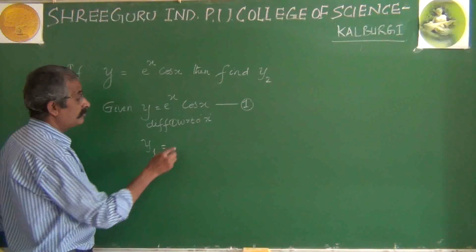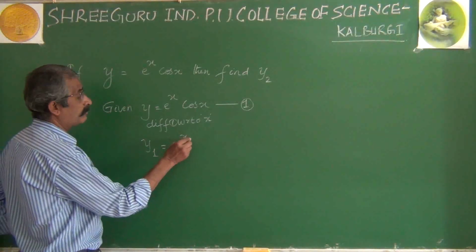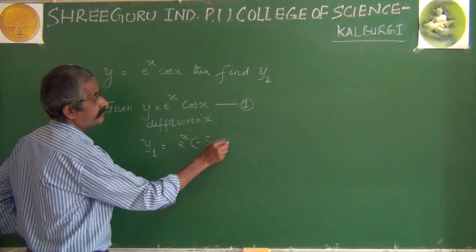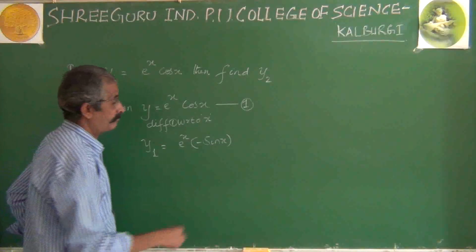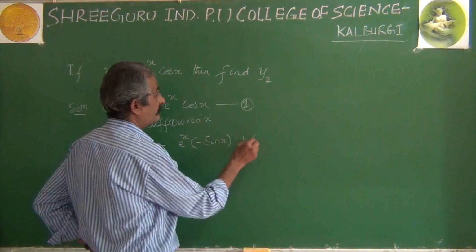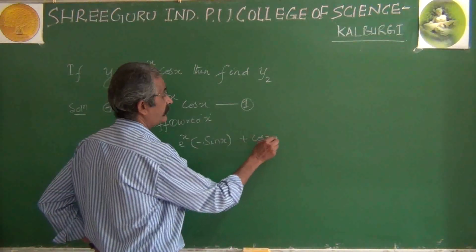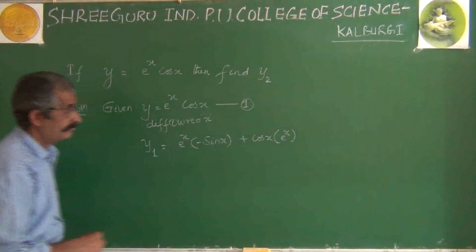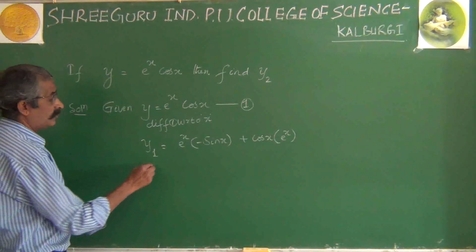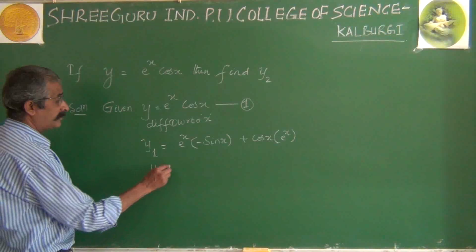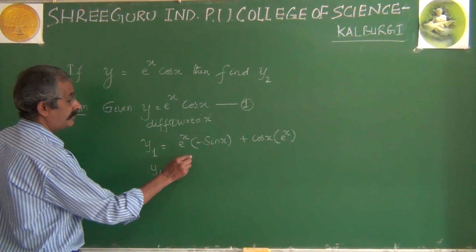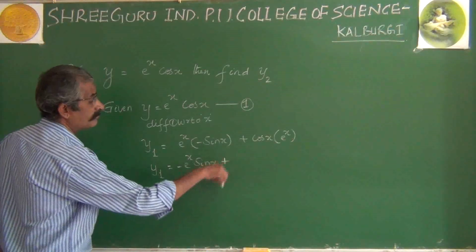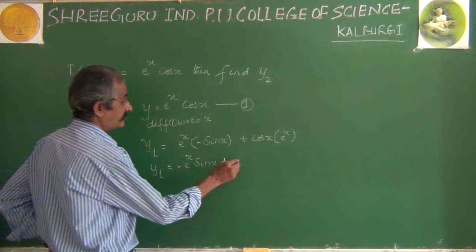By product rule, first function e power x as it is into differentiation of cos x which is minus of sin x, plus second function cos x as it is into differentiation of e power x which is e power x, or y1 equals minus e power x into sin x plus e power x into cos x.